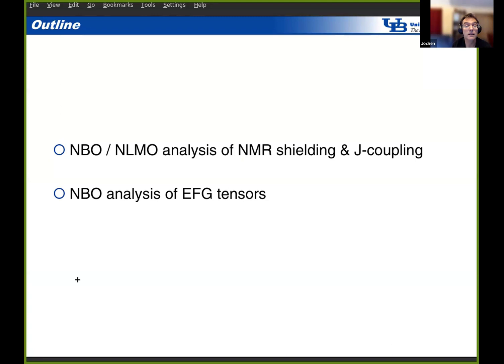Okay, so first, I want to talk about the analysis of spin-orbit relativistic calculations of shielding and J-coupling.